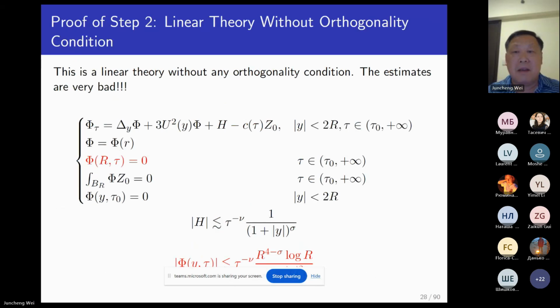So the main problem is to prove step 2, the linear theory without orthogonality condition, and the estimates are very bad, worse than we expected. The equation is the linear parabolic equation, and we have a little bit of decay here, and we want to find a solution that loses a lot of R, but we have little bit of decay in y.